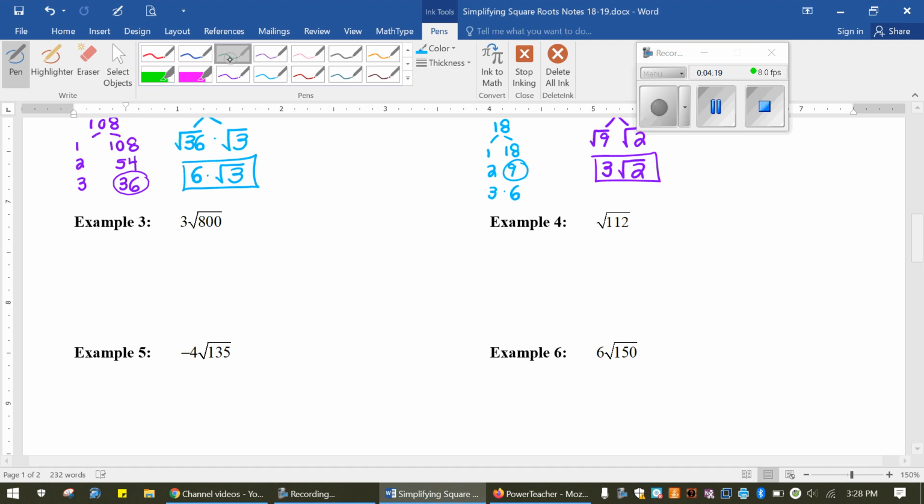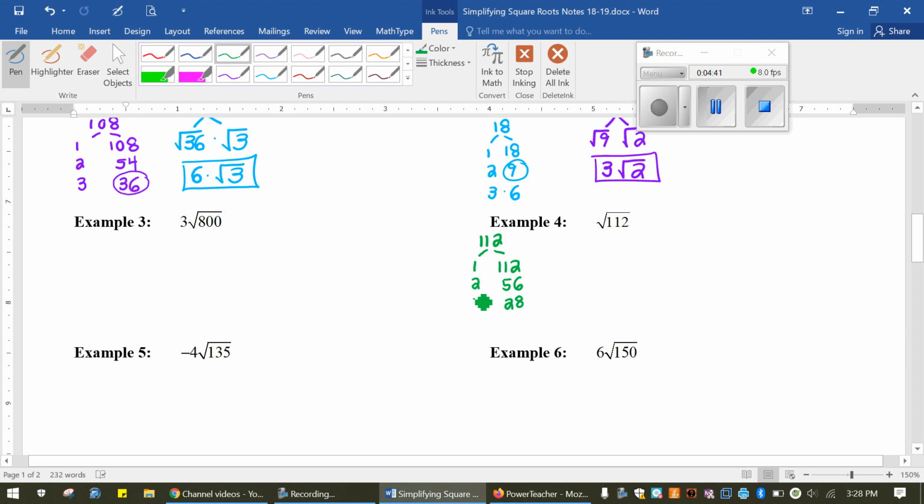So on number 4, I'm going to build my factor tree. I've got 1 times 112, 2 times 56, so far I don't have any perfect squares. 3 does not go in, but 4 does. 4 goes in 28 times.